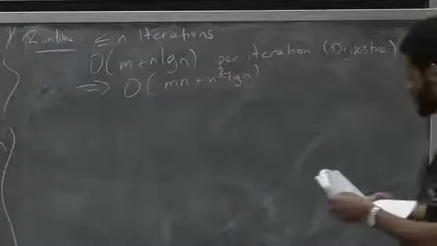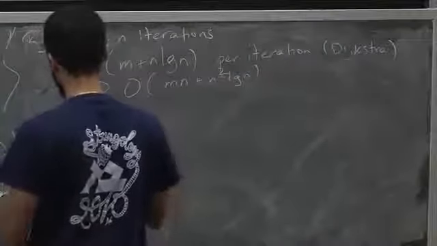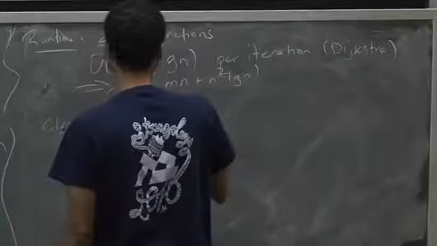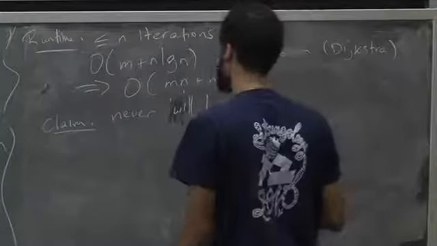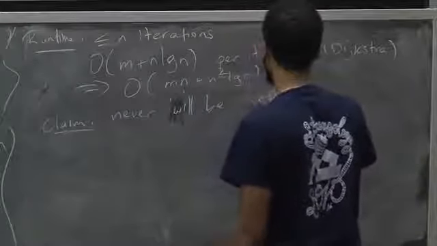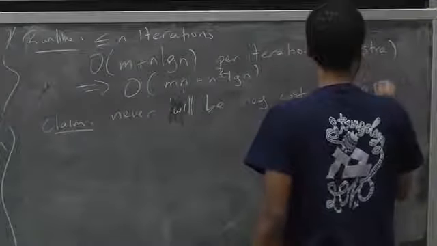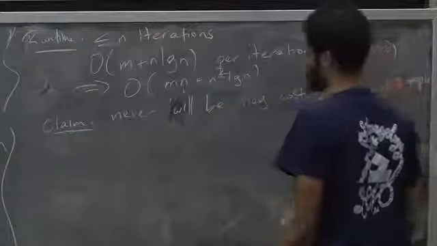So the claim is that there would never be negative cost edges in the residual graph. What's the proof?